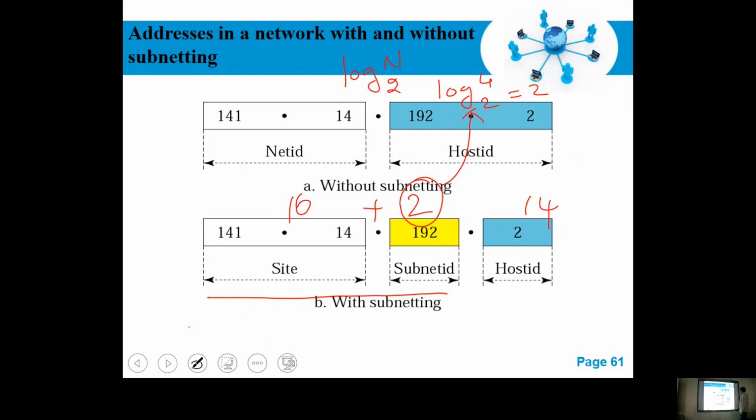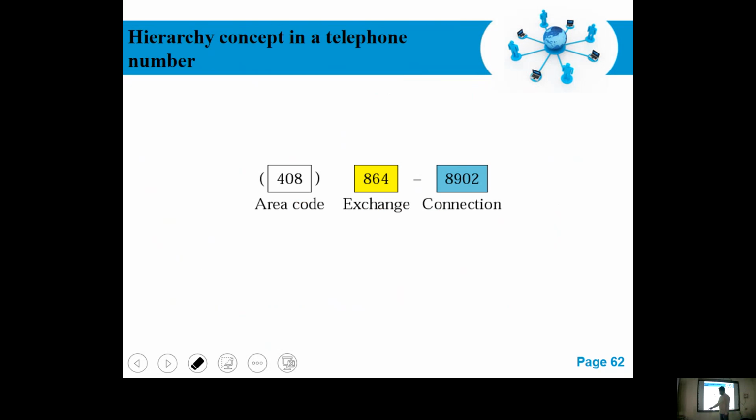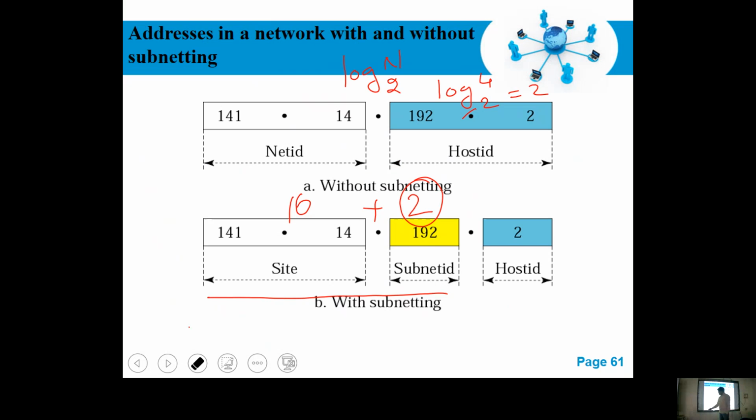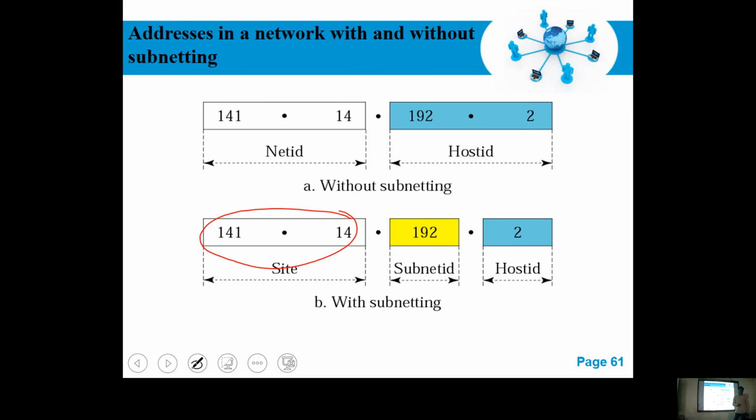Now the other thing we need to consider is, earlier we had 141.14. How did we get that? Because of 255.0.0 something like that.